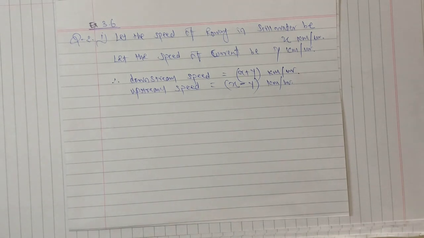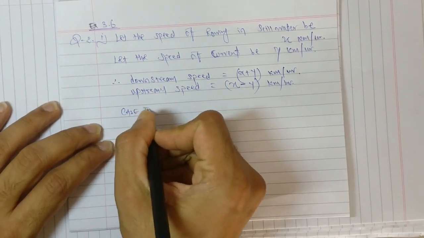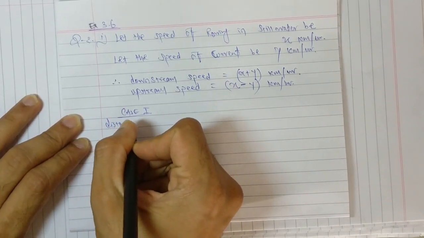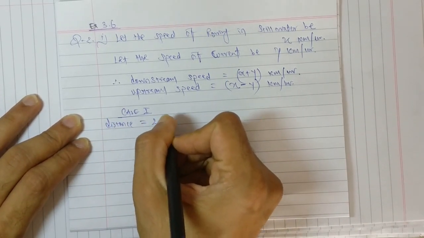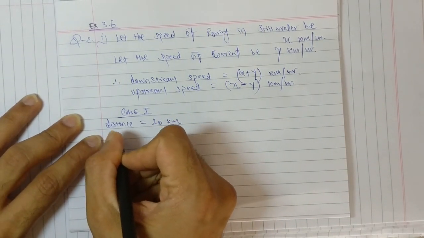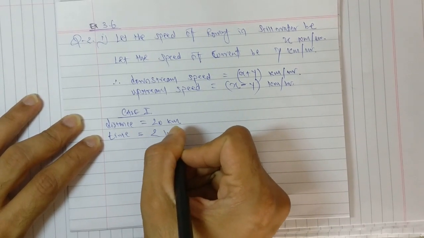Now, Ritu can row downstream 20 kilometers in 2 hours. Case 1. Distance is equal to 20 kilometer. Time is equal to 2 hours.